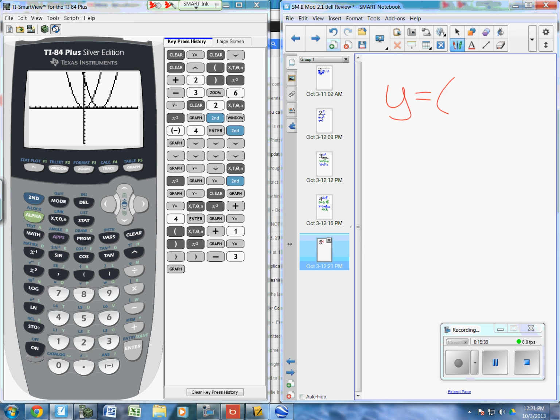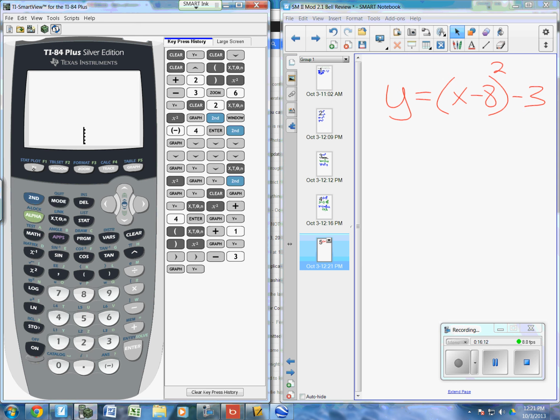Y equals x minus 8 squared minus 3. When you know where the vertex of that one's going to be, raise your hand. Okay, Jacob, what do you think? 8 comma negative 3. Raise your hand if you agree with him. Okay, good. Watch. I'm going to put this one in there.